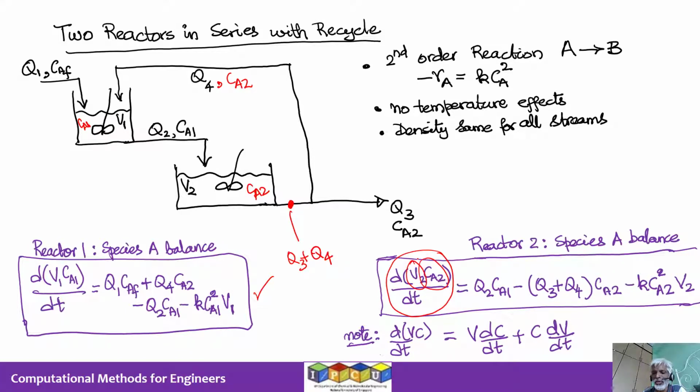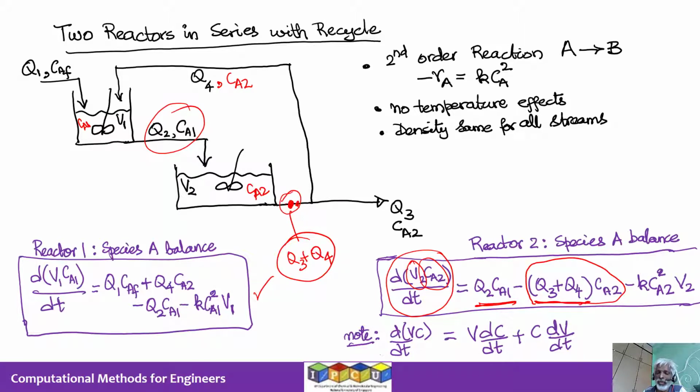So d by dt of V2 CA2 is going to be equal to the inflow of A into the second reactor, which is Q2 times CA1, minus the outflow of A from the second reactor. The outflow volumetric flow rate is Q3 plus Q4. The concentration at this point is also CA2, right? So minus Q3 plus Q4 times CA2. This is the amount of A exiting right here at this particular point.